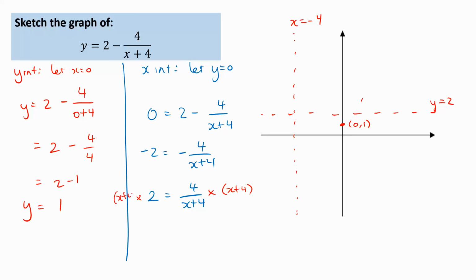Now you get 2 bracket x plus 4, which equals 4. So 2x plus 8 equals 4. Let's solve that. Bring the 8 across. 4 minus 8 is negative 4. Negative 4 divided by 2. x equals negative 2. Sub in the coordinates: (negative 2, 0).